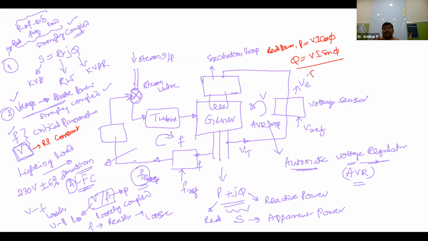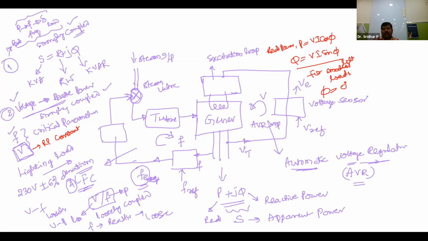Suppose we are taking the smaller loads, I mean light loads. And what about the power factor? If you are taking a resistive type of load, cos phi is unity, so phi is how much? 0 degrees.